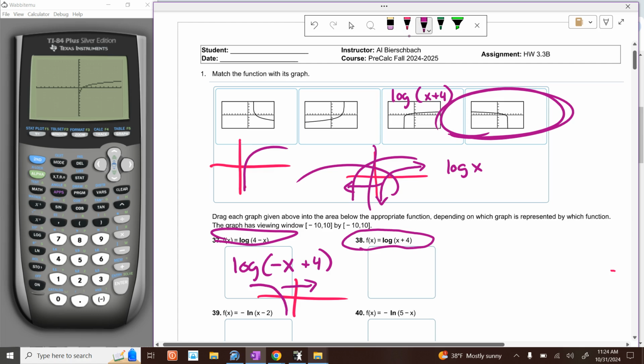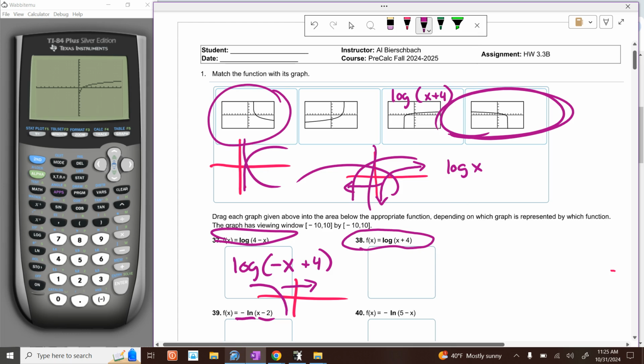Okay, but this is negative ln of x, which means we flip it over the x-axis, and then plus 2, we move it 2 to the right. Well, if we flip this over the x-axis, it'll look like this. 2 to the right would make it look like this.